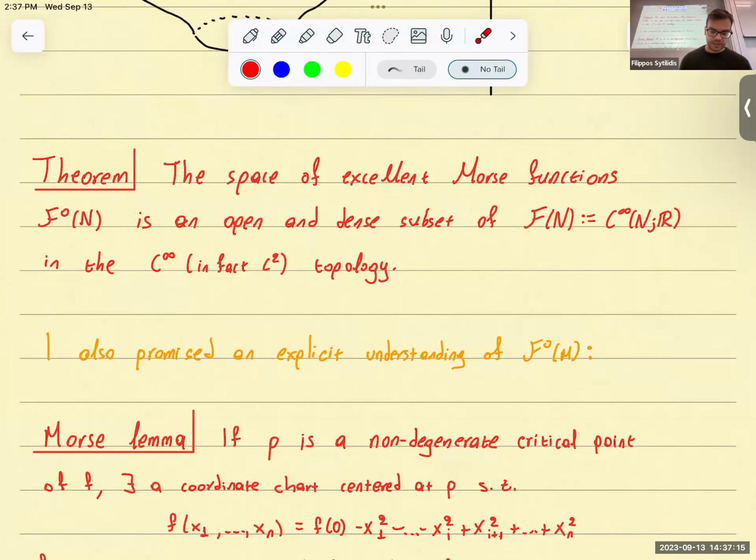I see. I just don't know off the top of my head where the sup norm topology fits. I think the sup norm topology just loses too much information.